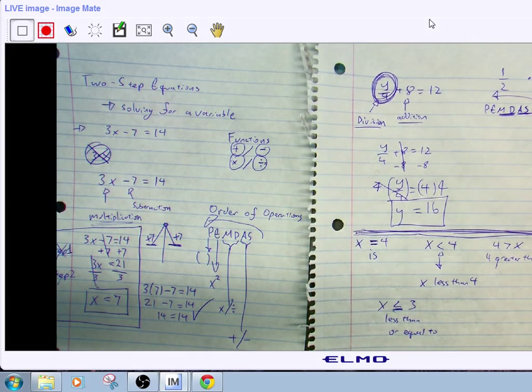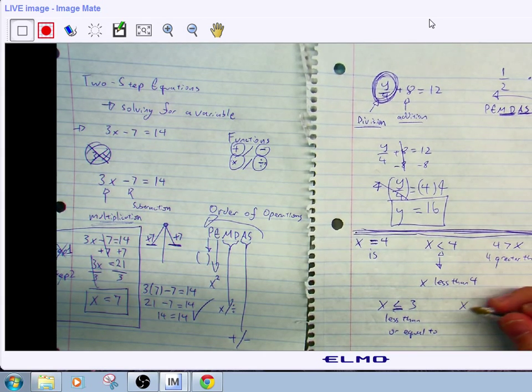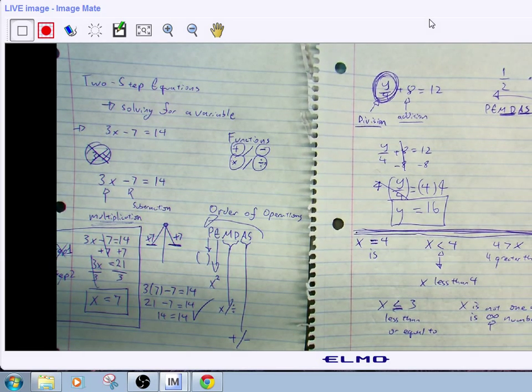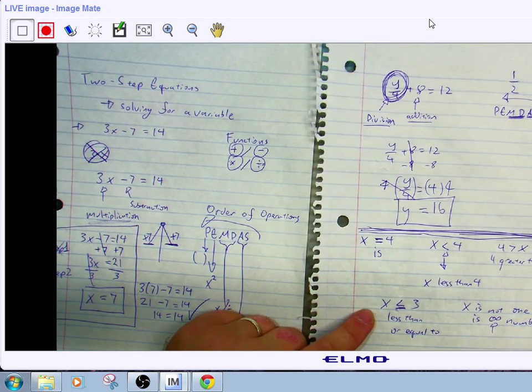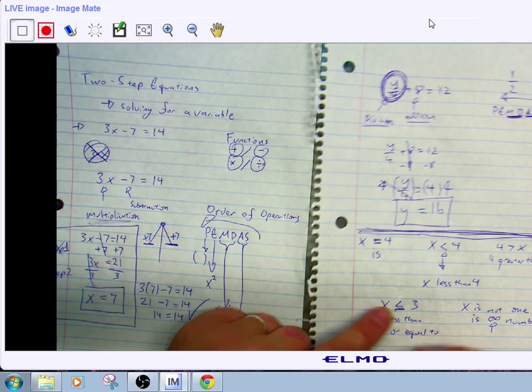one number. So x is not one number. It's actually, x is infinite numbers. And this is a sign that means infinity, right? That means it's uncountably large how many numbers x can be, right? So if I were to say x is less than or equal to 3, what I'm saying is x could be 0, it could be 1, it could be 2, it could even be 3.